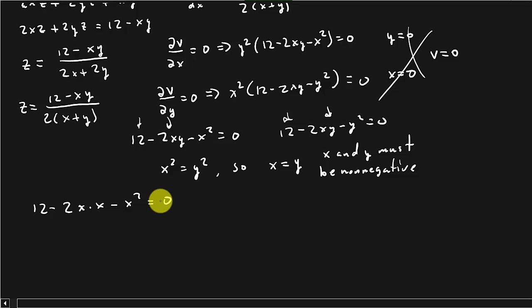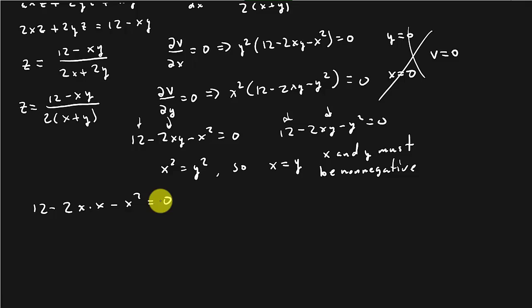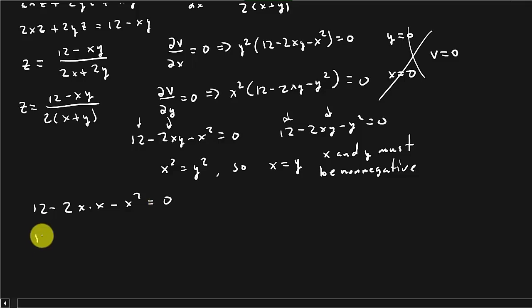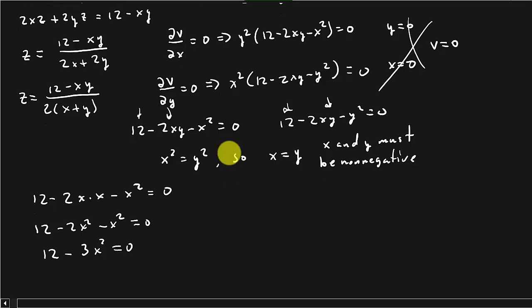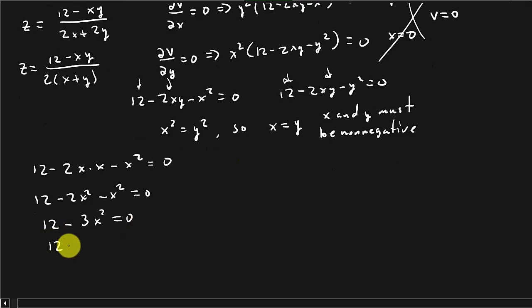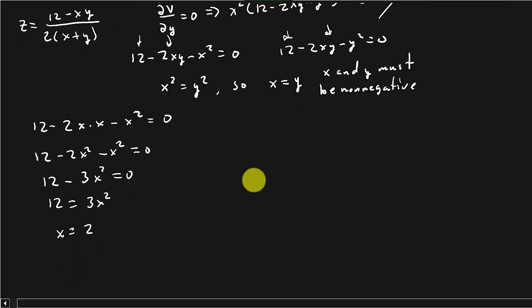That's going to give us 12 minus 2x squared minus x squared equals 0. Well, that works out nice, doesn't it? 12 minus 3x squared equals 0. So move that over: 12 equals 3x squared. So x is equal to 2. And if x is equal to 2, y equals 2.